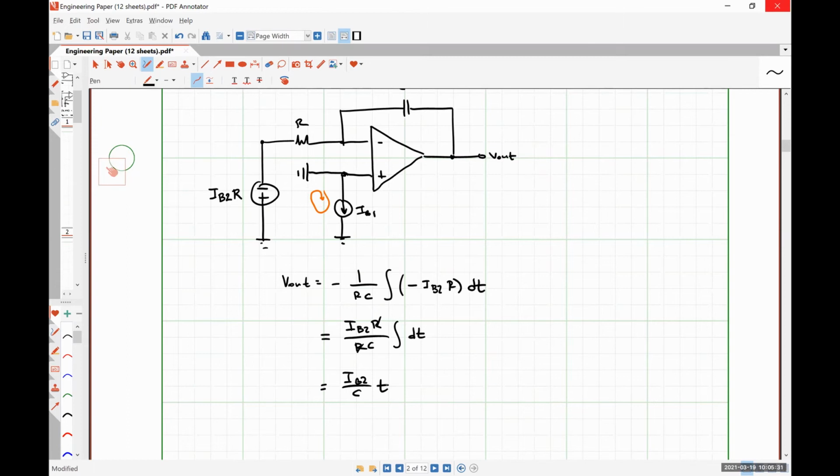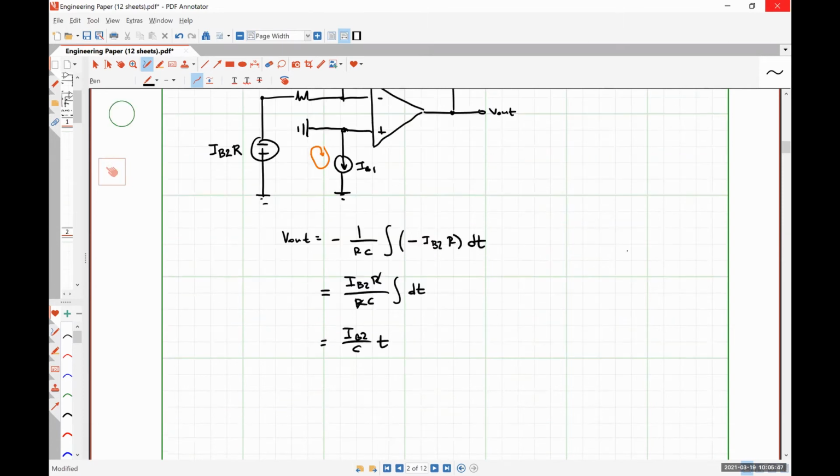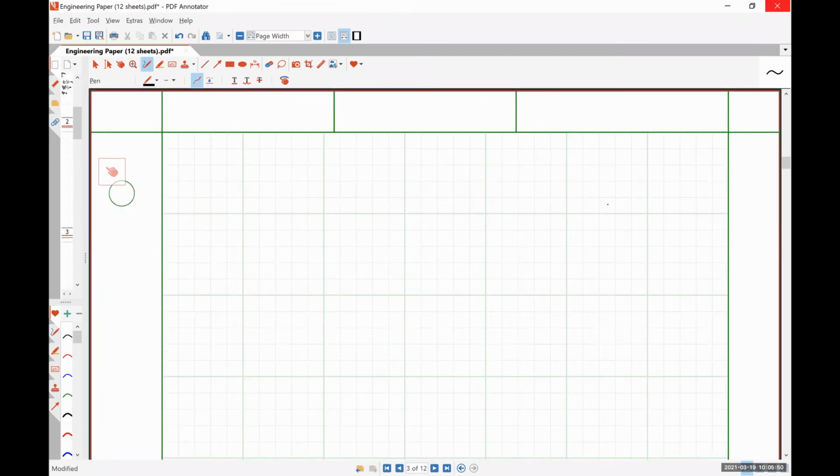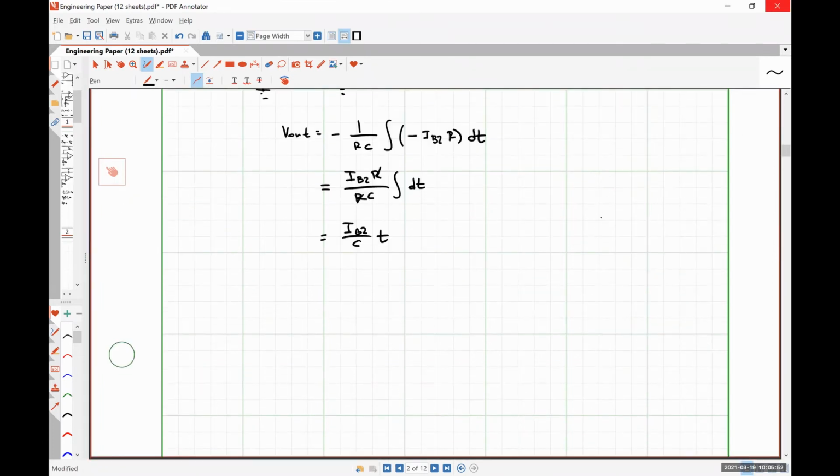So again, we see that having any sort of offset error on our output really messes up how an integrator works. In order to fix this, we will simply place a resistor in series with our non-inverting input terminal. So here's our feedback, the out.